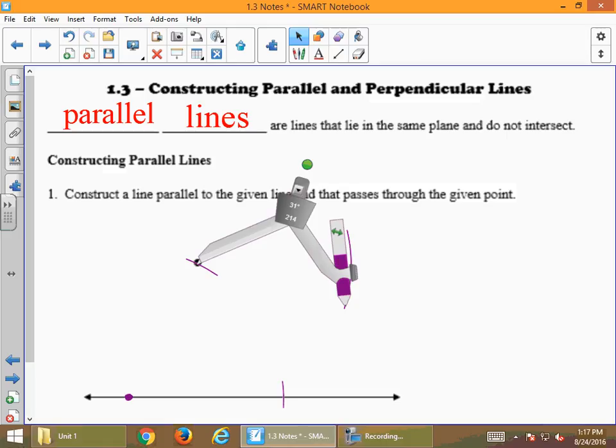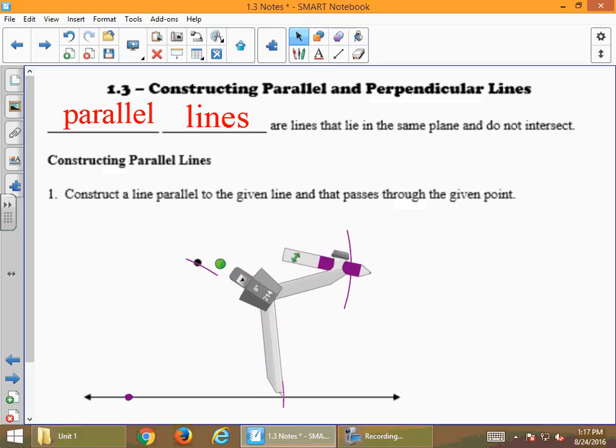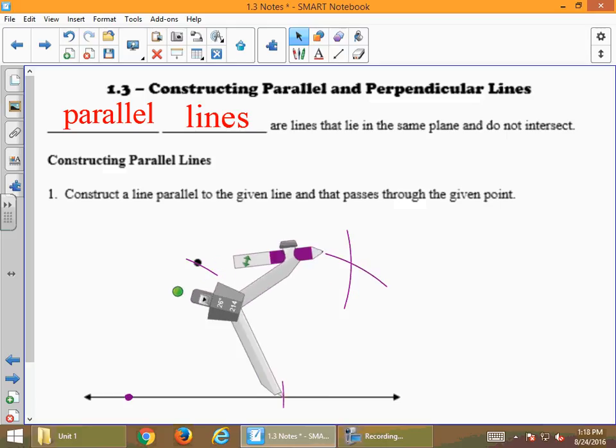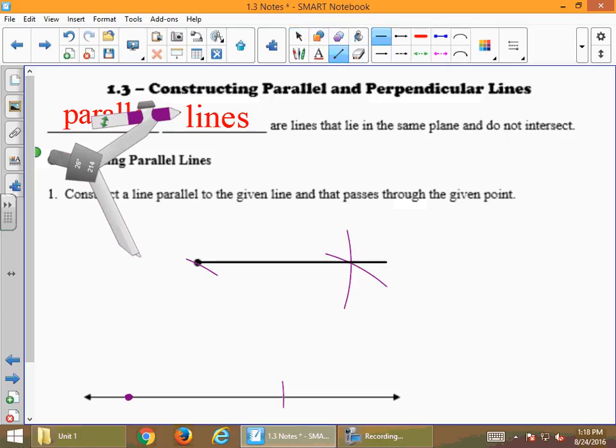Did I make a mark somewhere else? Yeah, down here. I'm going to move it down there. So put the needle down there. When I do so, connect those. Notice there's an intersection point. I can now take my straight edge and connect that dot to that intersection point.